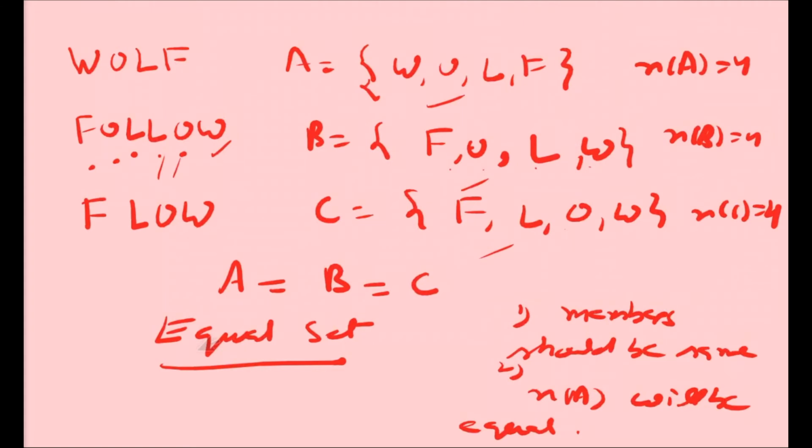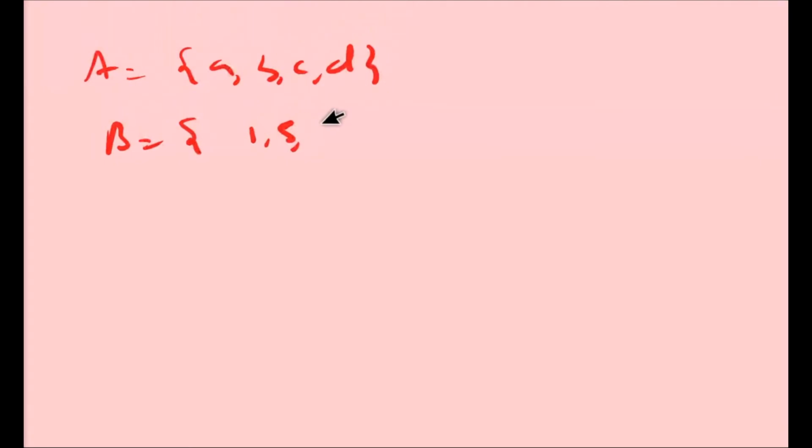Okay, students, understanding? So after this equal set, if only the number of members are equal and the members are not equal, then what do we write? For example, let set A be A, B, C, D and set B be 1, 5, 6, 7.